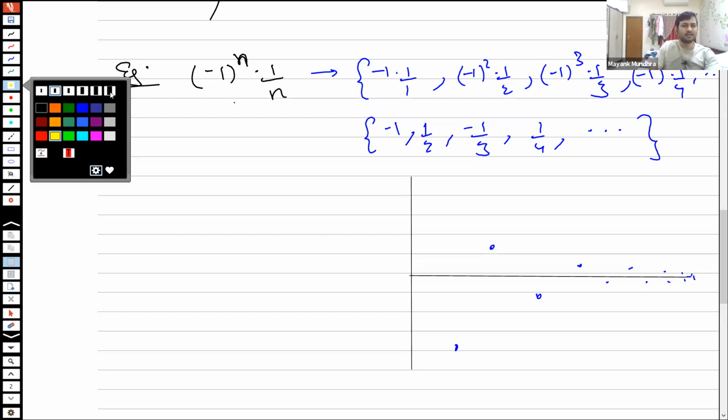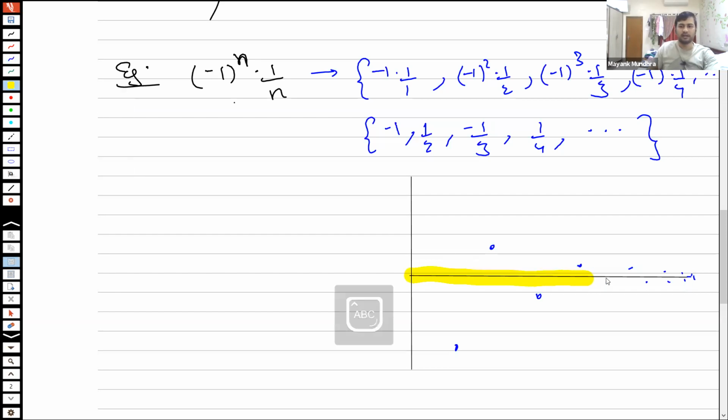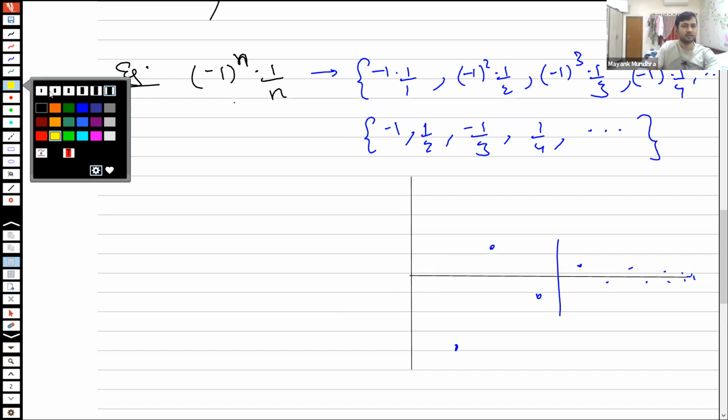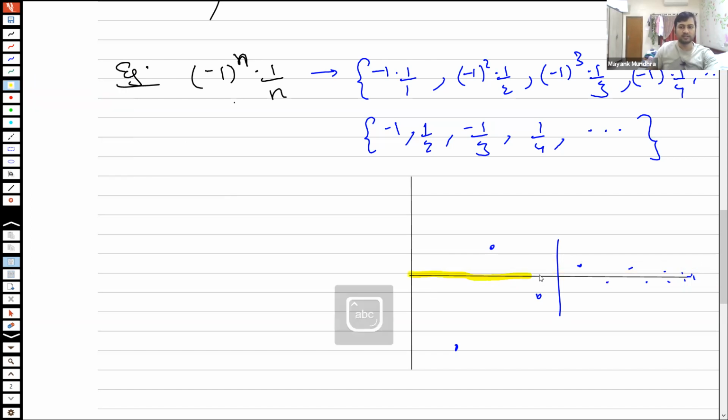Now, if I want to test it, I can build an epsilon band around 0 and check if everything is inside this epsilon band or not. Yes, after some point, everything will lie in this epsilon band. Now you can make this band as small as possible, you can keep reducing the value of epsilon.